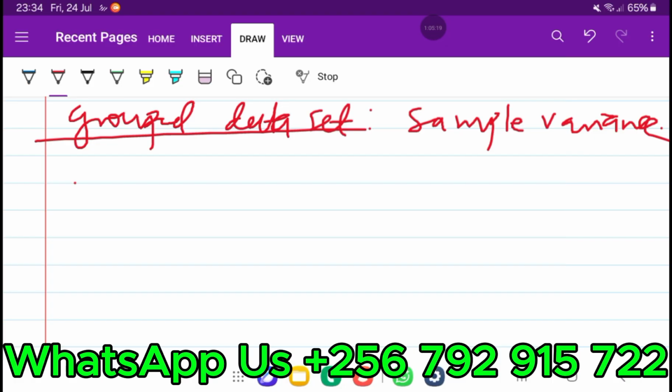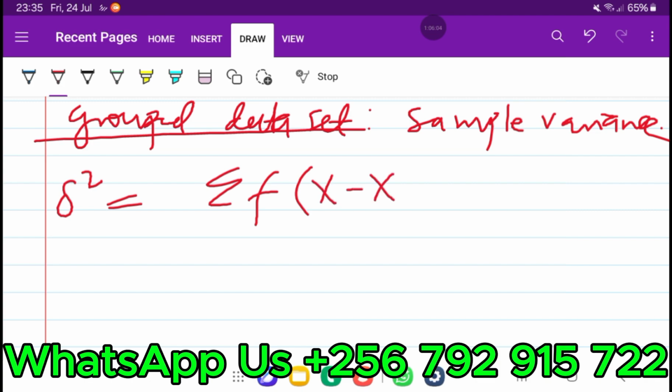S squared for the grouped data set, the first formula you can use is, of course, summation f into x minus x bar bracket squared over summation f minus 1.